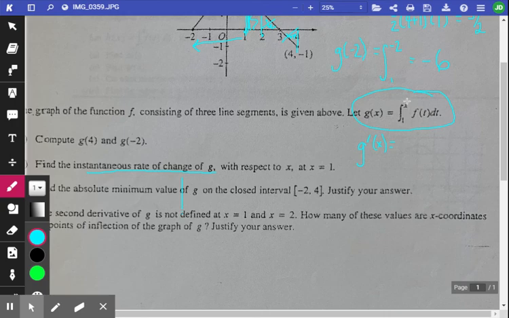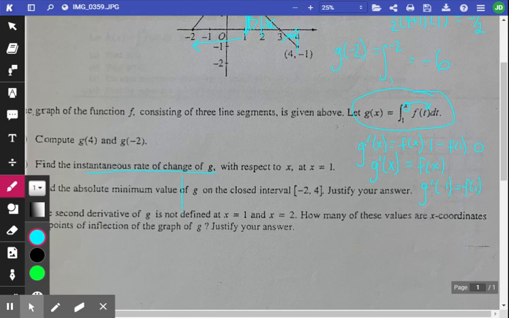It says plug x in for my variable and multiply by the derivative of that upper limit, which is just 1, minus plug in the lower variable and multiply by the derivative of that variable, which is 0. So in the end, g prime of x just equals f of x. So g prime of 1 equals f of 1.